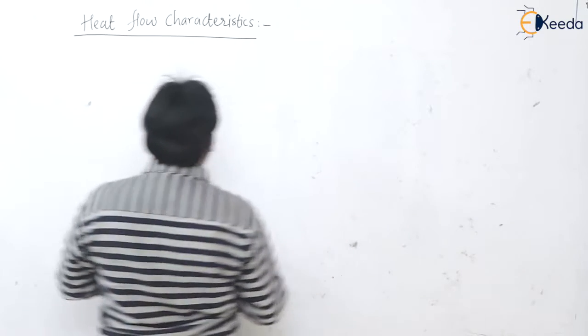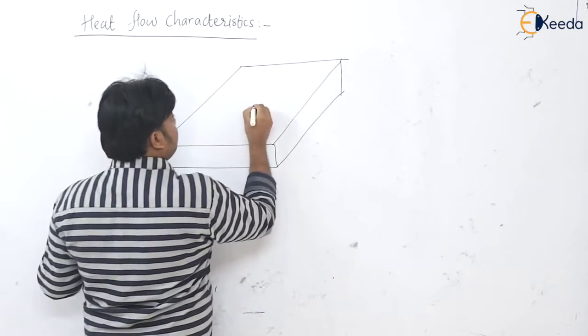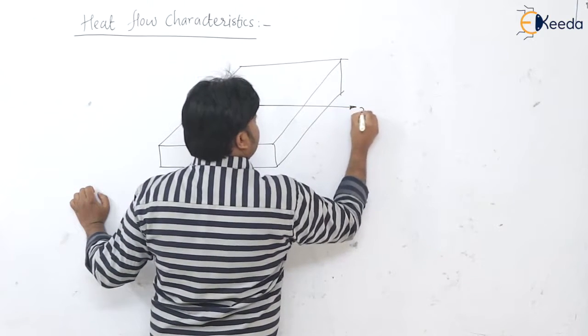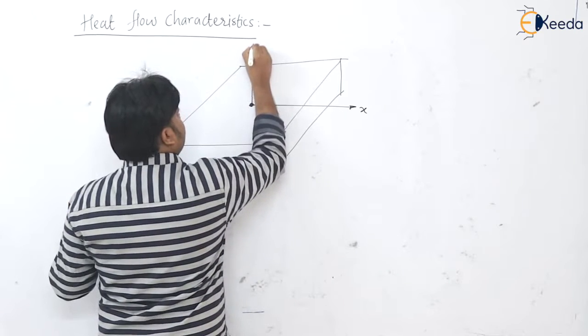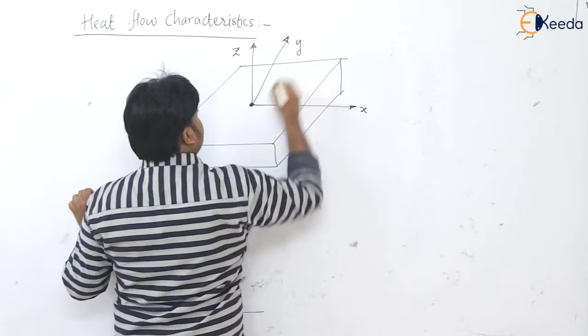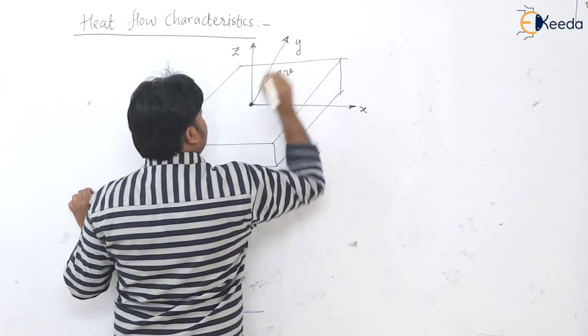So I can show you the diagram. Say I am idealizing the point source. This is X, this is Z, this is Y. This is the velocity of weld.